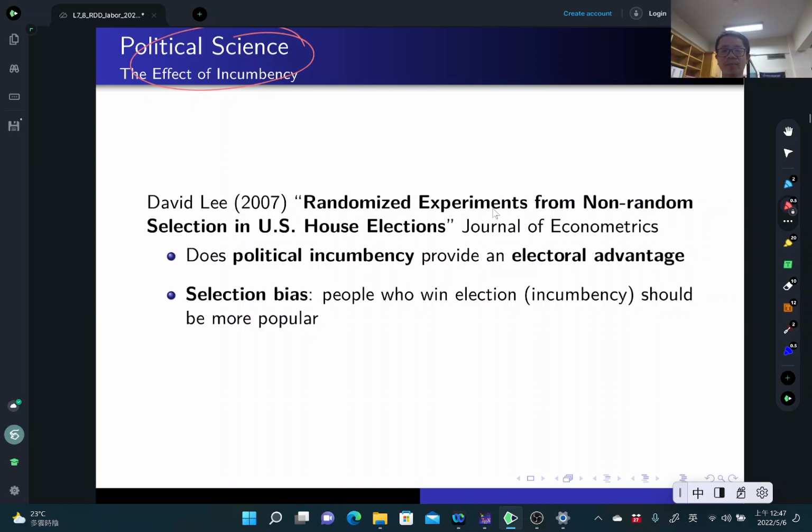But there's a selection bias, because people who won the election last time, that means they are incumbent, should be more popular compared to those who lost. So we need to solve this selection bias. Those who are incumbent may win just due to this selection bias, not due to their political incumbency.